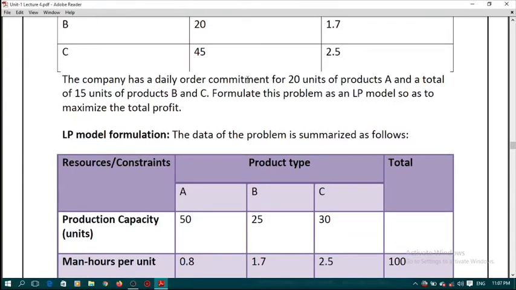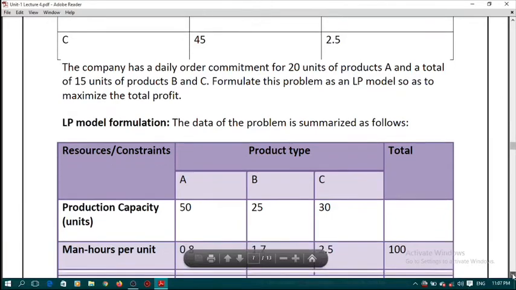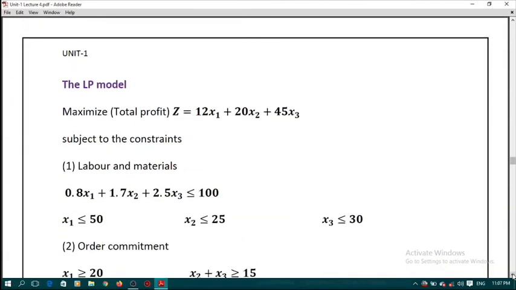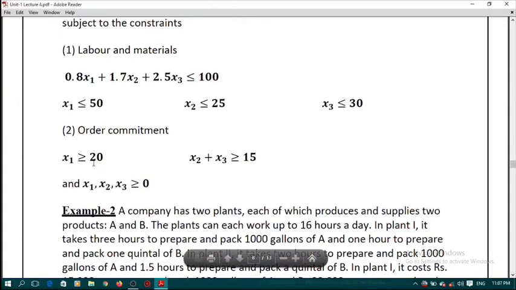The company has a daily order commitment of 20 units of product A and a total of 15 units of product B and C. So the company should produce a minimum of 20 units of product A and a minimum of 15 units of product B and C. So the next ones are x1 greater than or equal to 20, x2 plus x3 greater than or equal to 15. And you know that x1, x2 and x3 are each greater than or equal to 0. So this is the LP model for the given example.